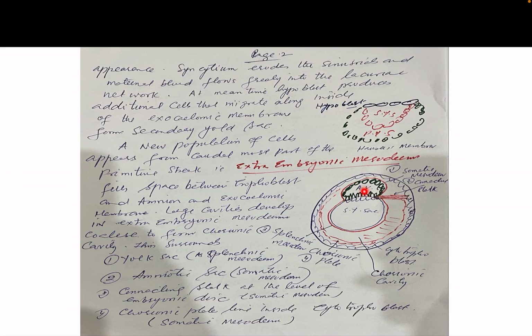This is the umbilical vesicle, and this is the amniotic sac. Below the epiblast, forming the floor of the amniotic sac, are cells derived from the epiblast that form a ring-like structure around the vesicle.